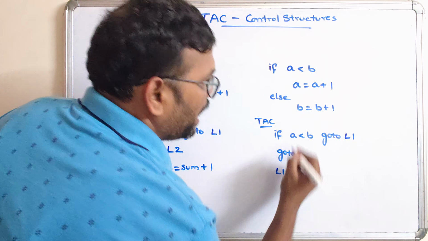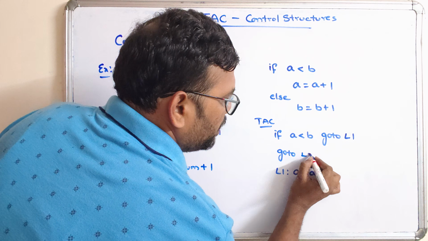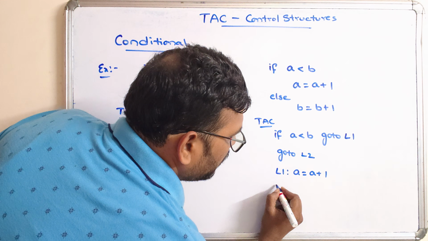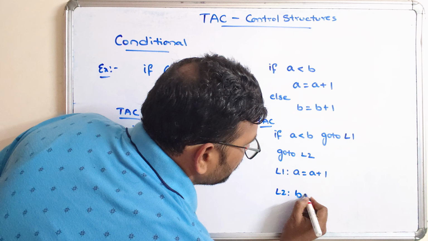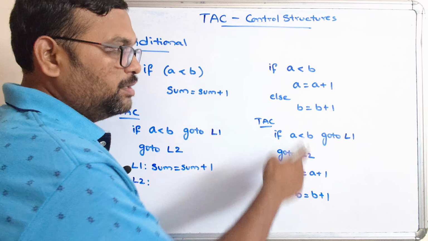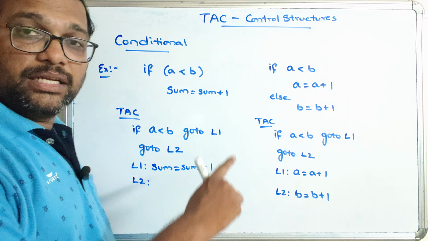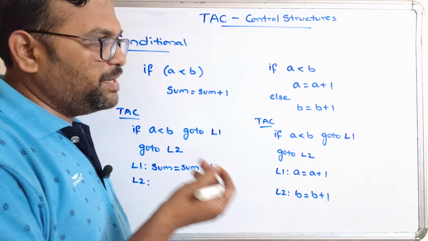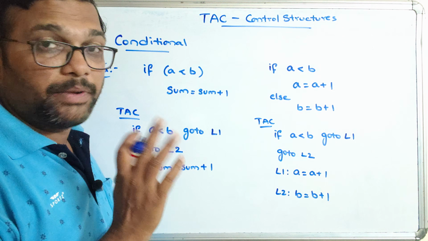I'll write L1: a is equal to a plus 1, and L2: b is equal to b plus 1. After a is equal to a plus 1, it should not execute this one, because this is an if else statement. So only the true block or the else block will be executed, but not both.